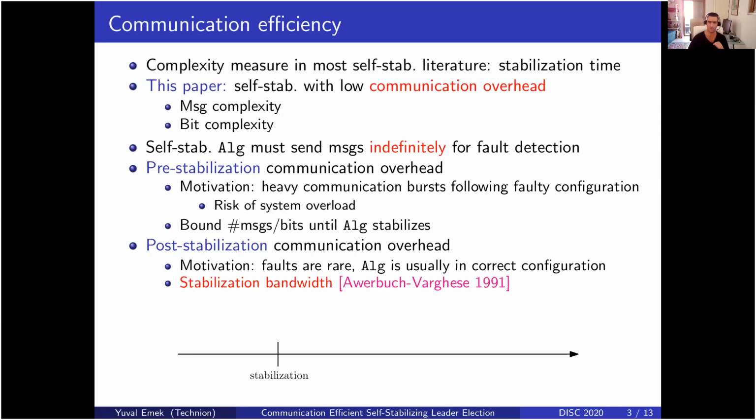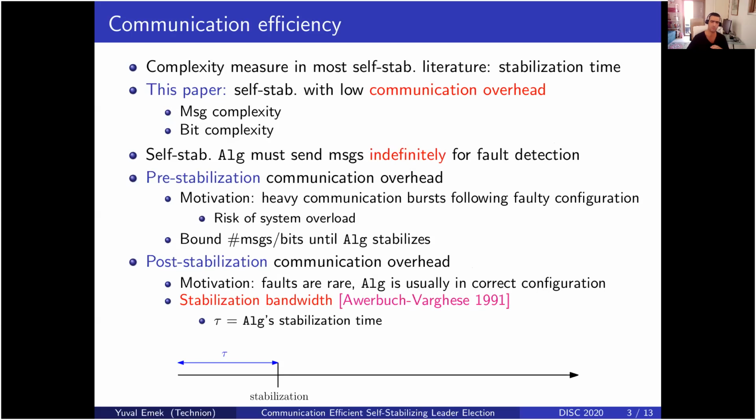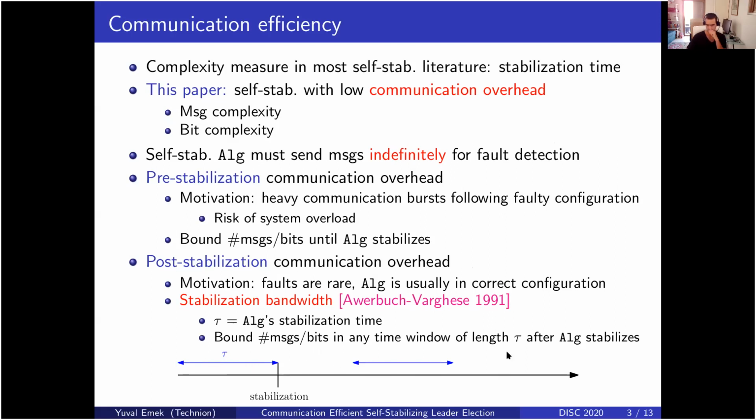It is defined as follows. We take tau to be the time until the algorithm stabilizes. And then in stabilization bandwidth, we bound the number of messages or the number of bits that the algorithm sends in any time interval of length tau, after the algorithm has stabilized.